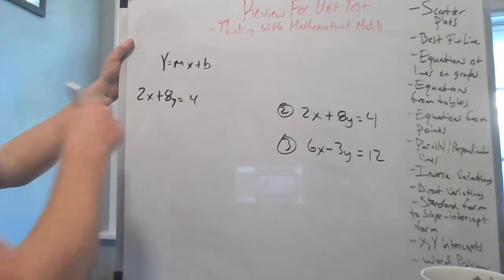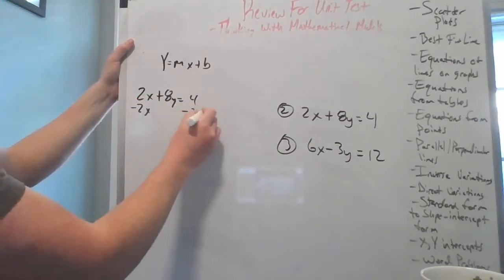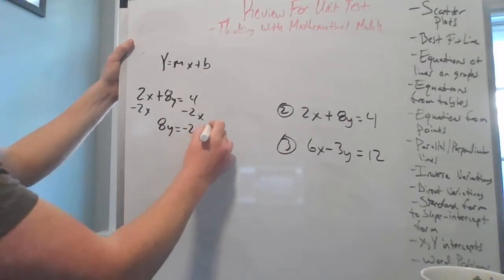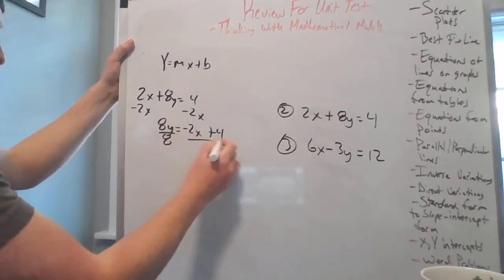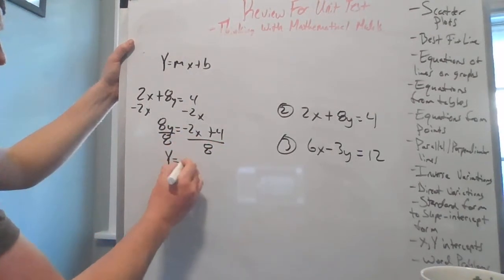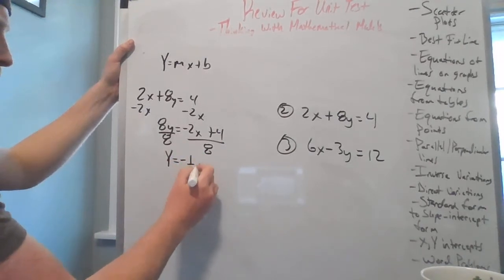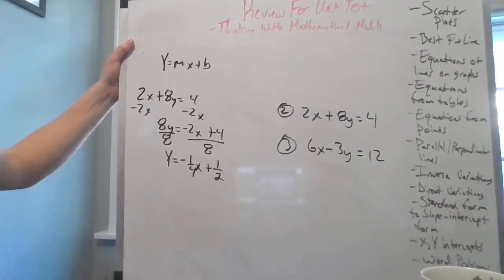So I've got to move this guy over here, and this is a positive 2x, so I subtract 2x from both sides. All right, 8y equals negative 2x plus 4. And now the last thing I have to do is divide by 8 on both sides to get this y all by itself. And negative 2 over 8 reduces to a negative 1/4 x. 4 divided by 8 equals plus 1/2.